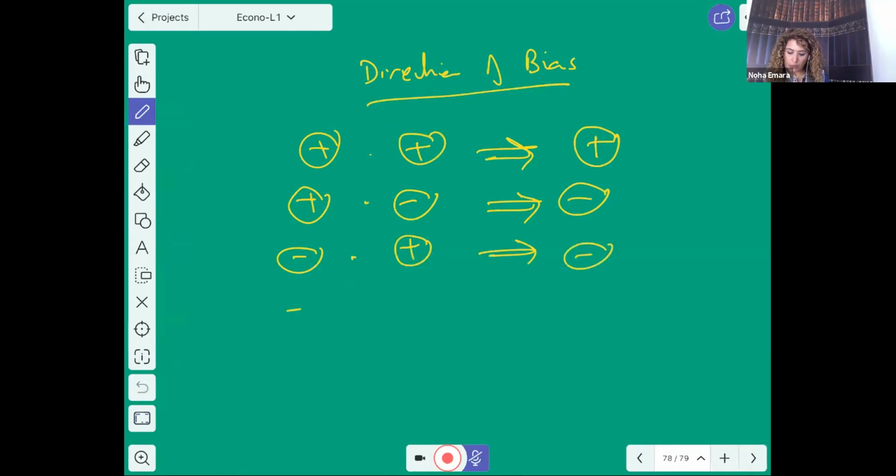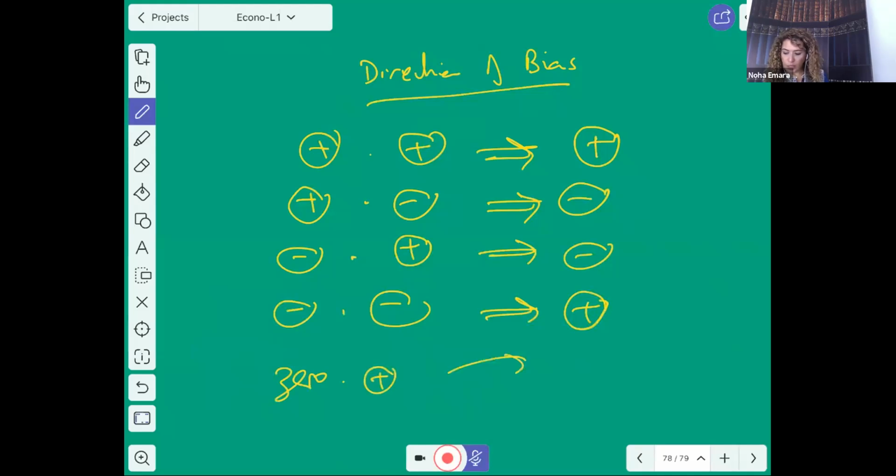If it is negative times negative, I'm going to get a positive bias. Negative times negative is positive. If it's 0 times whatever, positive or negative, then I'm going to get a 0 bias, which is the best case scenario. Or if it's anything, negative times 0, then I have a 0 bias. So you can have a story, right? And out of any story I give you, I'm going to ask you, okay, what's the direction of the bias?